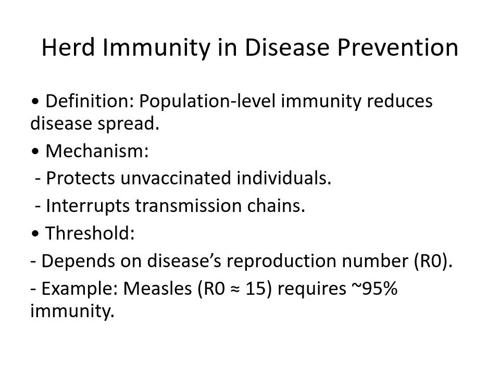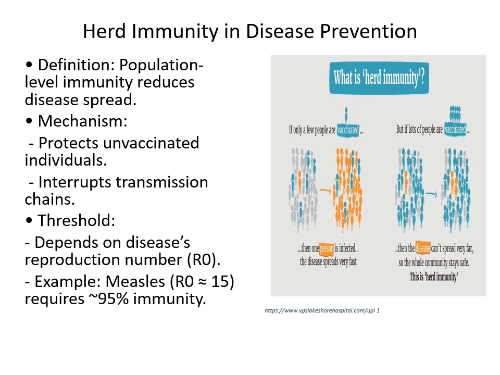It protects unvaccinated individuals, and it also interrupts the transmission chains, hence making it spread less. There is also a diagram showing how herd immunity works, whereby if only a few people are vaccinated, the disease will spread very fast. But if lots of people are vaccinated, the disease can't spread very far. It's less, so the community stays safe.